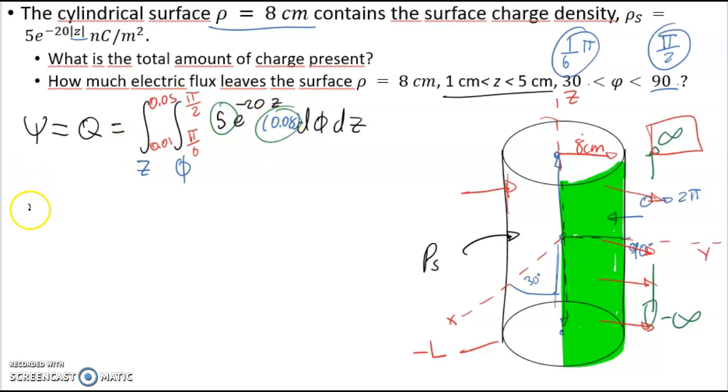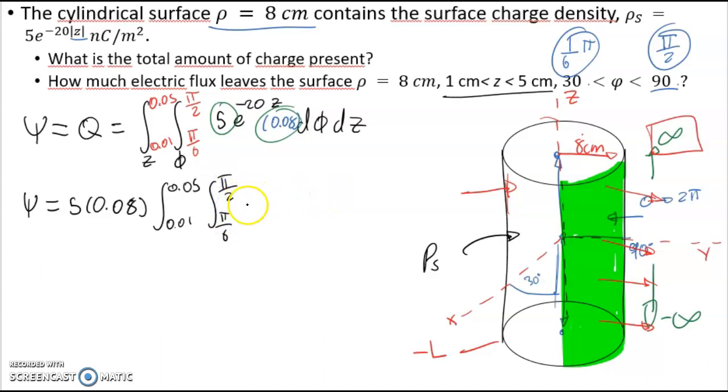That's going to give me charge or flux equals 5 times 0.08 times the integration from 0.01 to 0.05, integration from pi over 6 to pi over 2 of e to the minus 20z dphi dz.